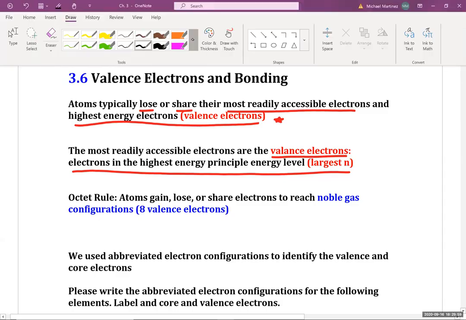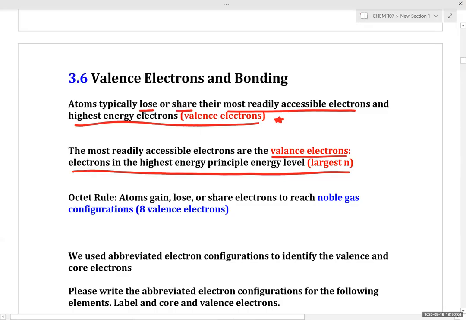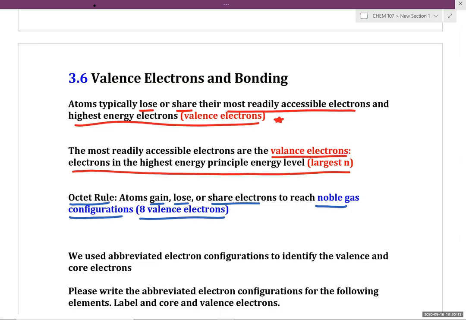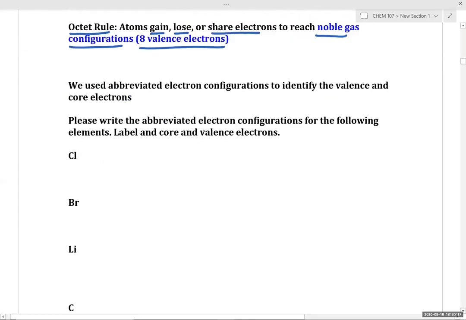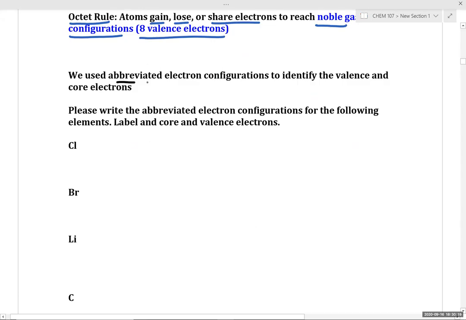And that in turn leads us to a really important rule known as the octet rule, where atoms will gain, lose, and share electrons to reach noble gas configurations, 8 valence electrons. Now, to help us with this, the reason why we teach abbreviated electron configurations is that abbreviated electron configurations can be used to identify the valence and core electrons.